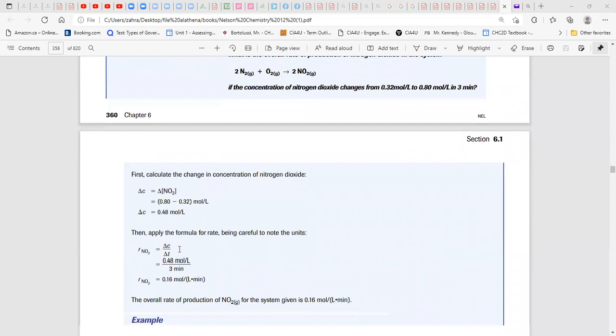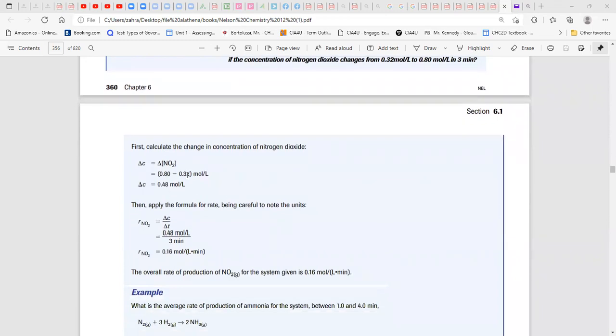The final concentration minus the initial concentration is going to be concentration in mole per liter, and then the time is 3 minutes. When you're writing the rate, you need to put the units correctly.